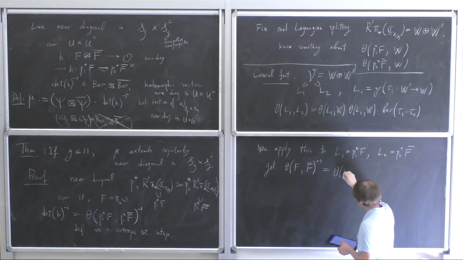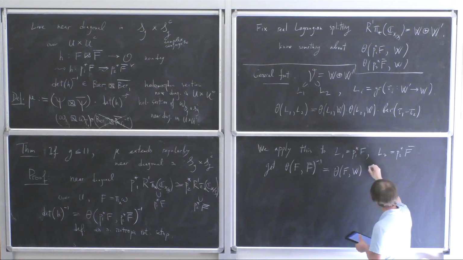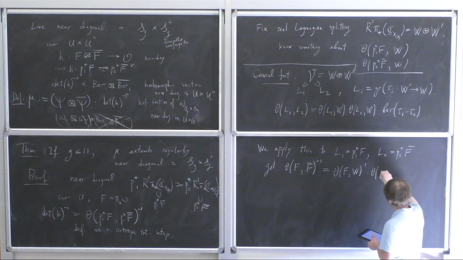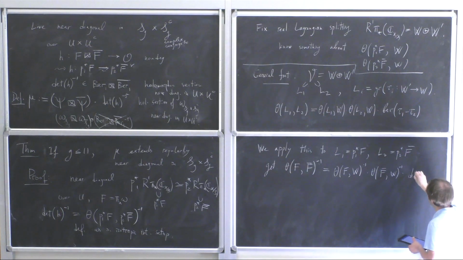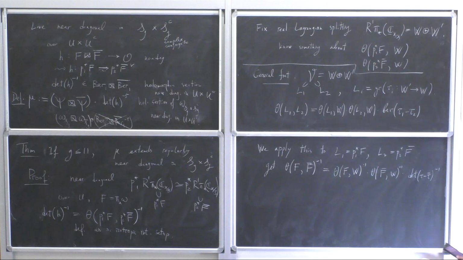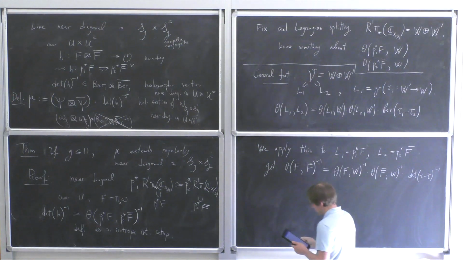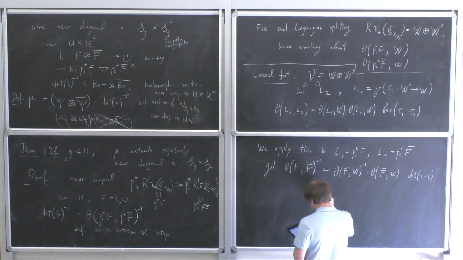It is written as a product of three functions: theta F W inverse, theta F bar W inverse, and determinant of tau minus tau bar inverse, where this tau is essentially the superperiod map, almost. Yeah, I will say what it is.